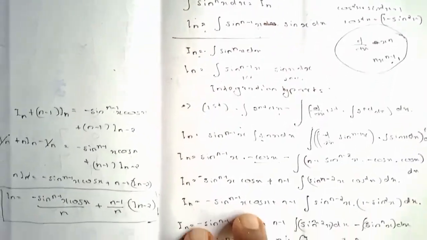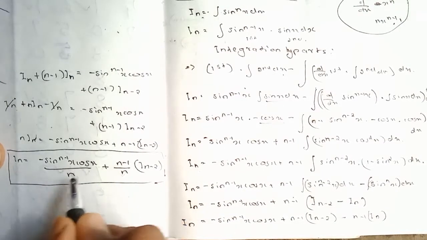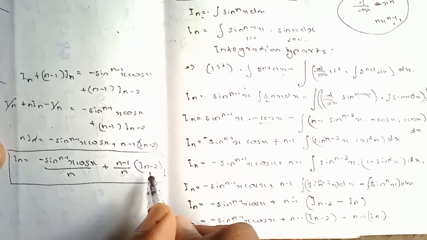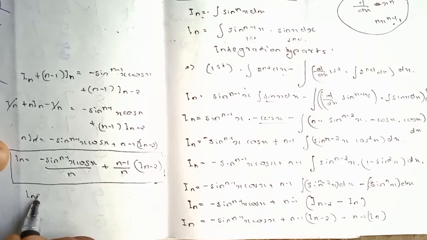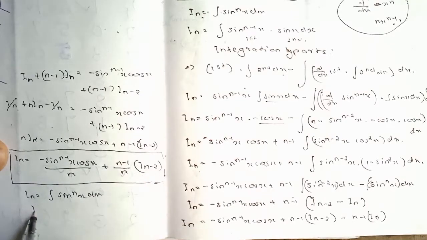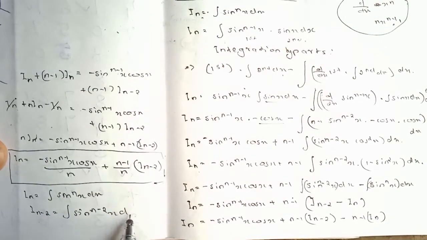Note that we derived I_n equals minus sin^(n-1) x cos x divided by n plus (n-1) divided by n times I_(n-2). So we replaced I_n with the integral of sin^n x dx, and I_(n-2) with the integral of sin to the power n-2 of x dx.